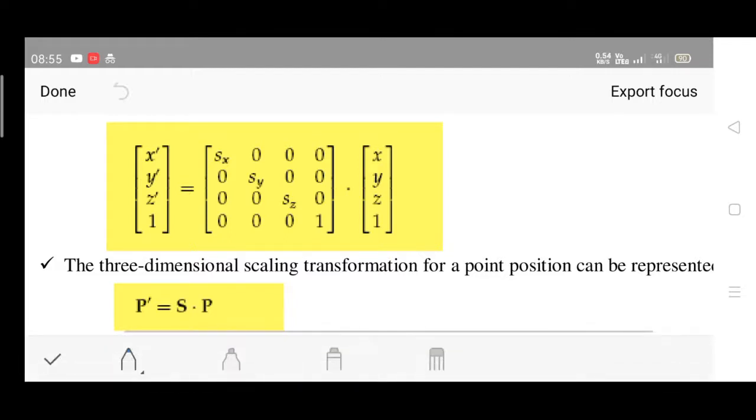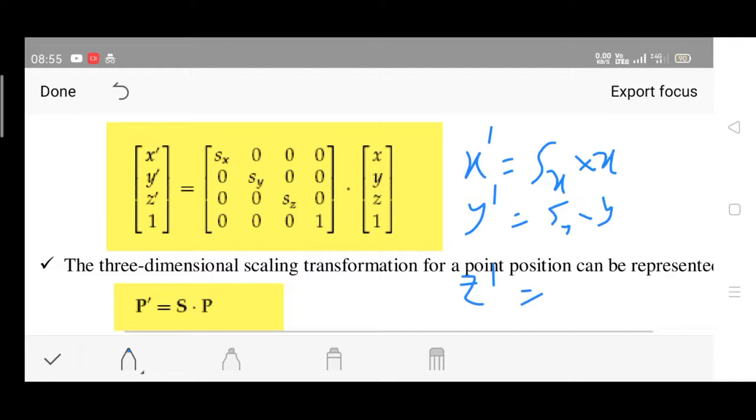What are the formulas you have to remember? x dash equal to Sx multiplied with x, so x into Sx, y dash equal to y into Sy, and z dash. That was for the 2D model; these are equations number 1 and 2. Here z dash will be Sz multiplied with z. Check the coefficients.